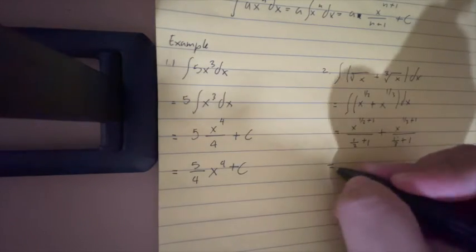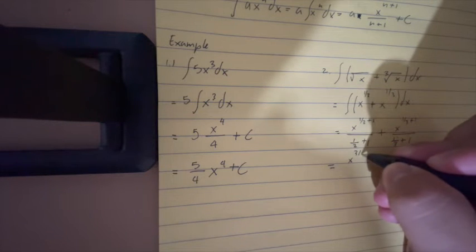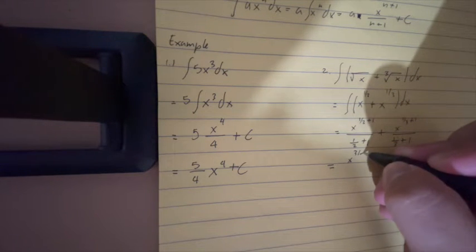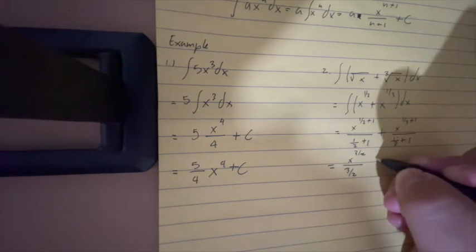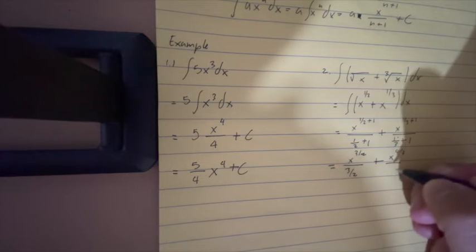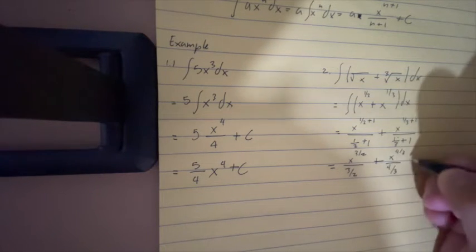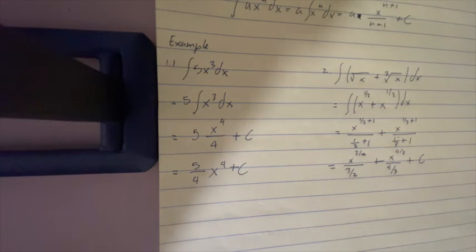And your final answer will be x raised to 3 over 2 over 3 over 2 plus x raised to 4 over 3 over 4 over 3 plus the constant. And that's it for algebraic functions.